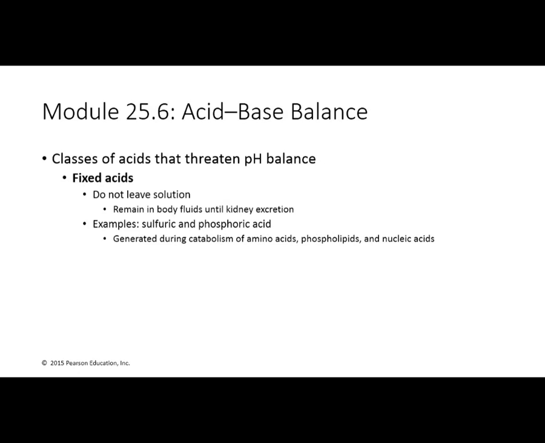They're generated through catabolism. What's catabolism again? Catabolism is the breakdown of your amino acids, your phospholipids, and nucleic acids. So as the body is doing its normal metabolism, you are forming some of these fixed acids. They don't leave solution, aka they stay dissolved in your blood.